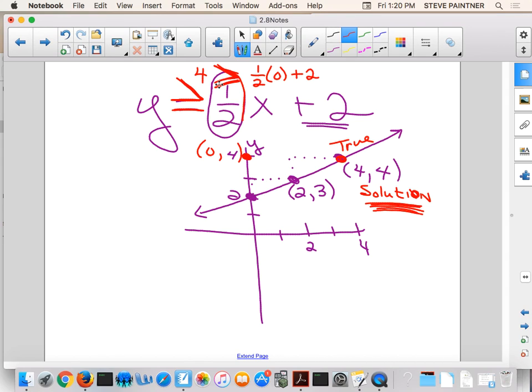Is 4 greater than that? Oh, by the way, this is just 0. So is 4 greater than 2? So is Eric right? This makes it true. This is a yes. So you know what? This works. So does this. So does this. So what do we do? If all these work over here, what do we do? We're shading today.